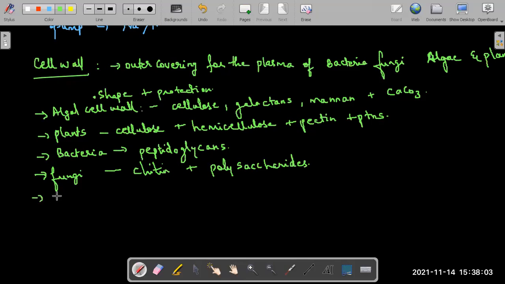You'll have to know about euglenoids. They have something called the pellicle. This pellicle is a type of protein-rich layer which makes the body very flexible.